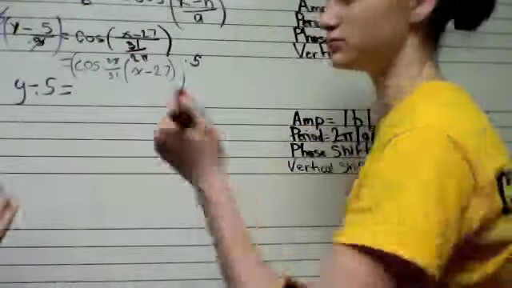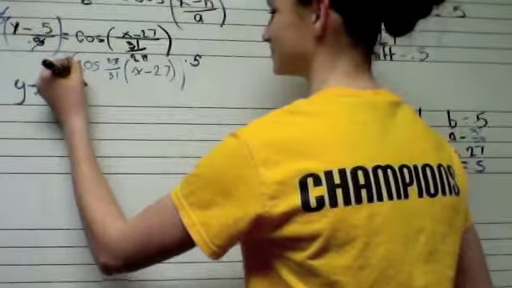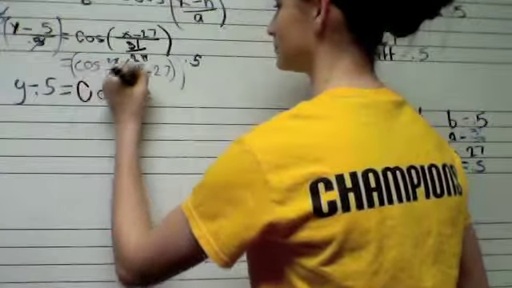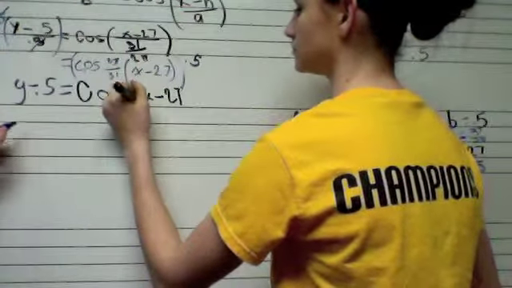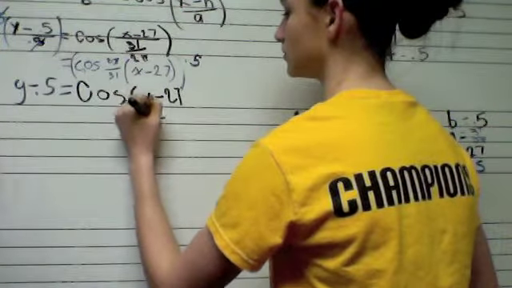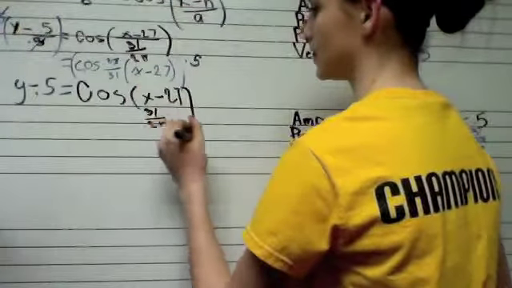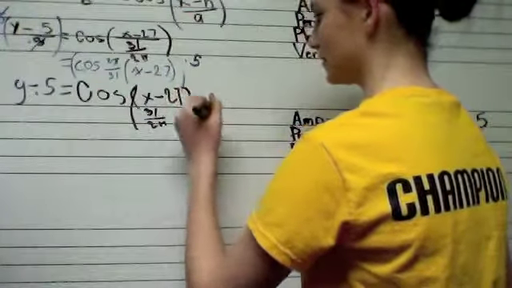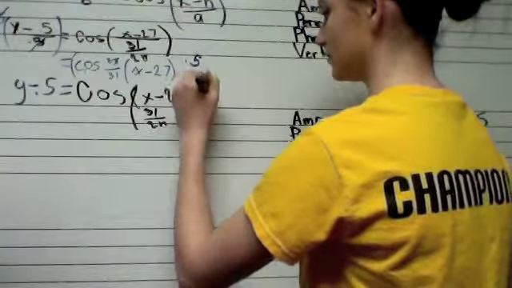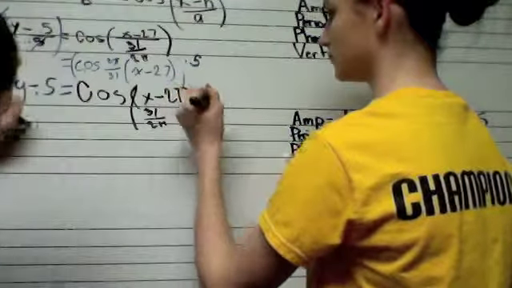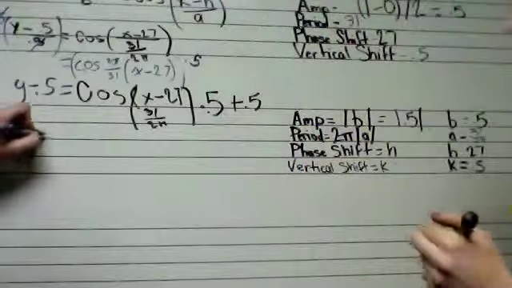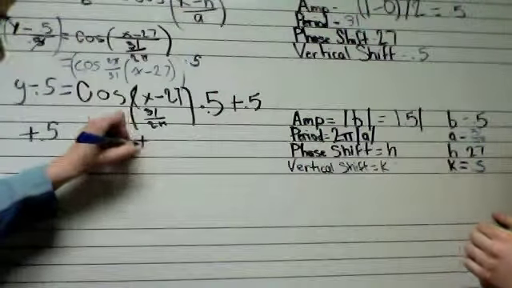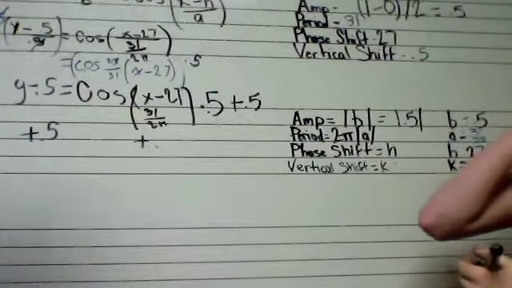And now we want to get this 0.5 out of the y side, so we're going to add 0.5 to both sides now.